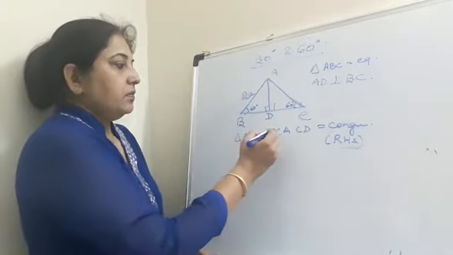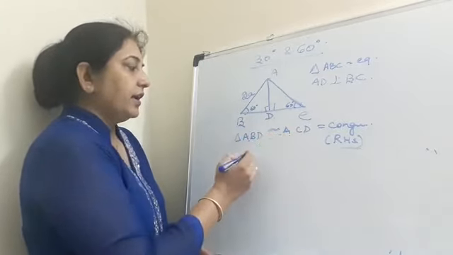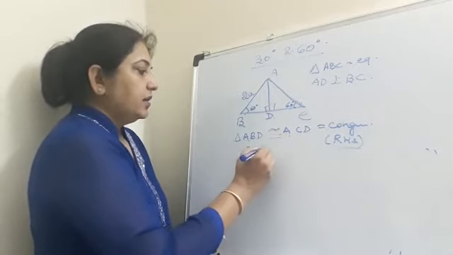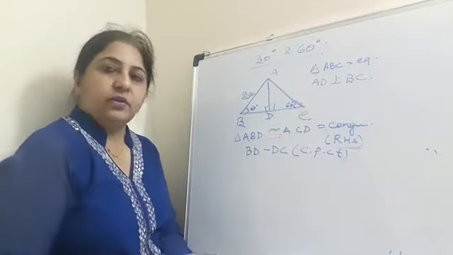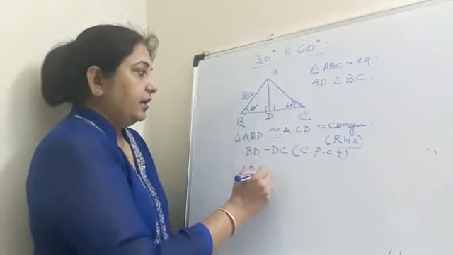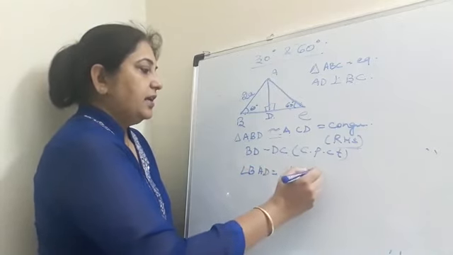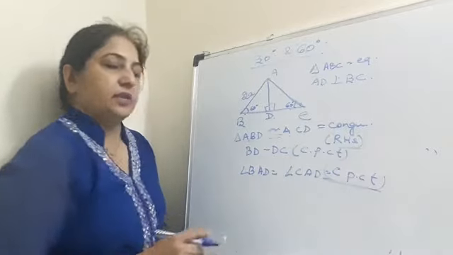Then after proving the two triangles to be congruent, we will write BD is equal to DC, the corresponding parts of the congruent triangles, as well as angle BAD will be equal to angle CAD, and for that also we are going to write CPCT.